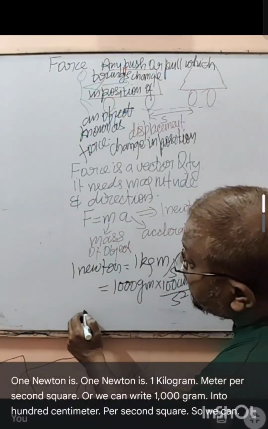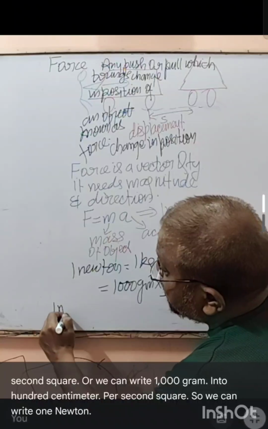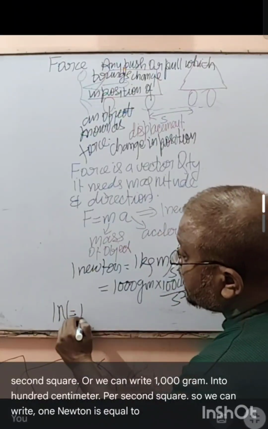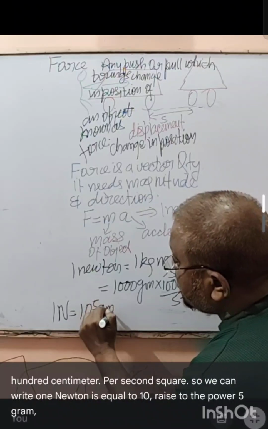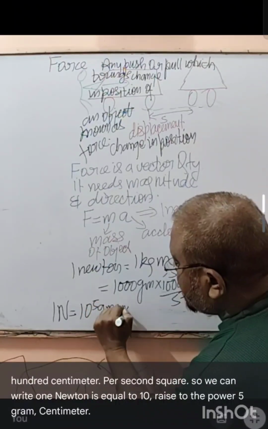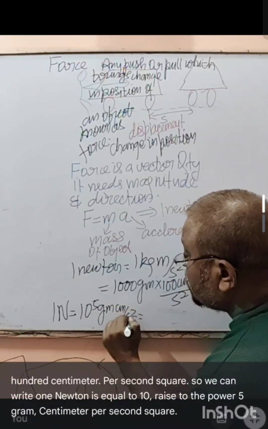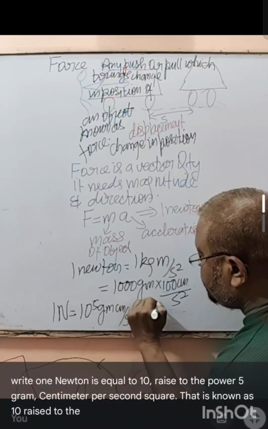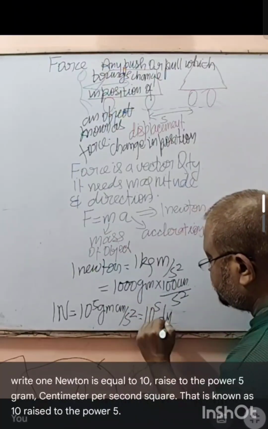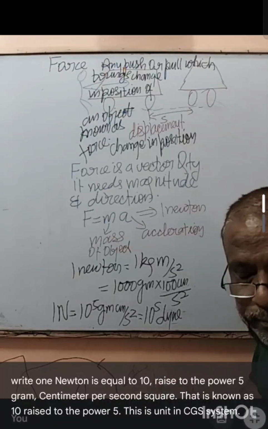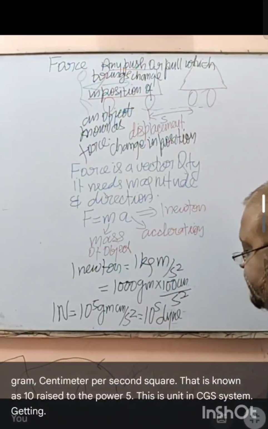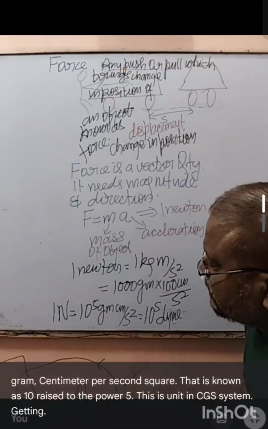So 1 Newton is equal to 10 raised to the power 5 gram centimeter per second square, that is known as 10 raised to the power 5 dyne. This is the unit in CGS system.